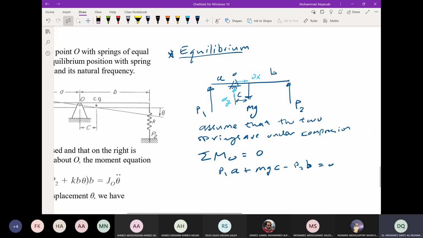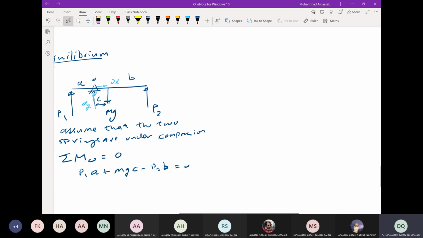For the vibration equation, or state, we will use the horizontal as the equilibrium position, and the rotation is about point O, so the bar will take an angle. This is point O, and this angle is theta.